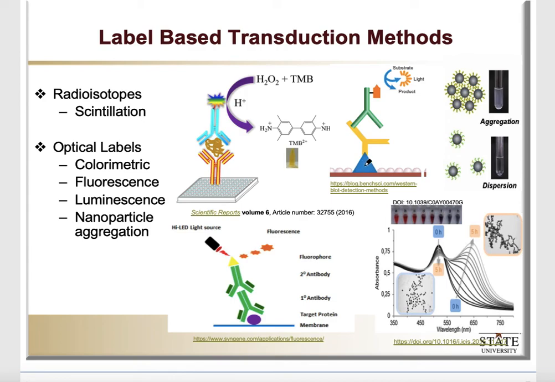So in this particular case, we are doing a direct ELISA assay where we have adsorbed our biological molecule of interest on the surface. We then add a primary antibody that is not labeled, but that has affinity toward that molecule. And then we use a secondary anti-IgG antibody. So this is a secondary antibody that has specificity for antibodies.